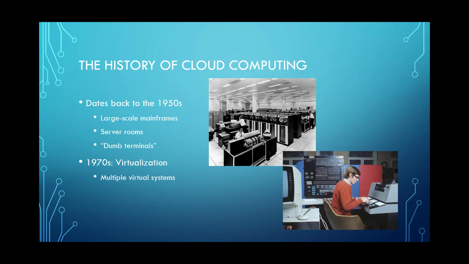And then 20 years later, in the 1970s, virtualization changed everything by bringing in multiple virtual systems, and it actually came from IBM. It allowed them to have multiple virtual systems or virtual machines on a single physical node.